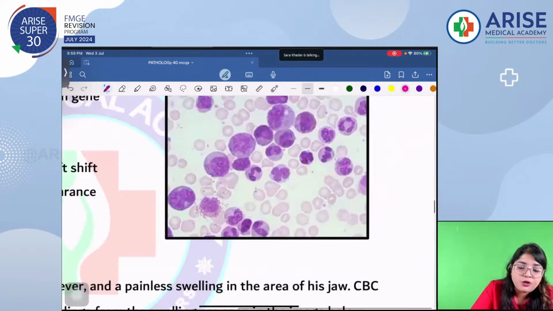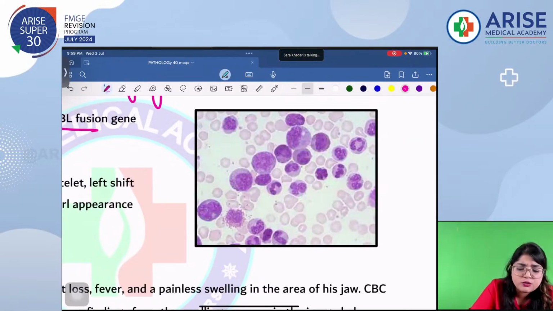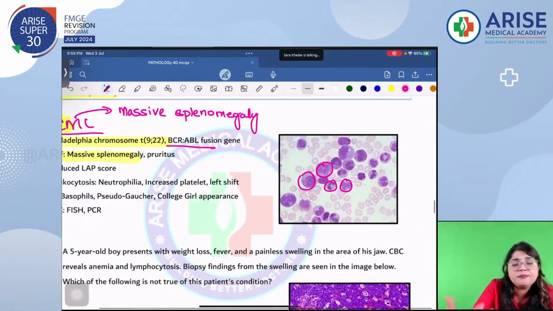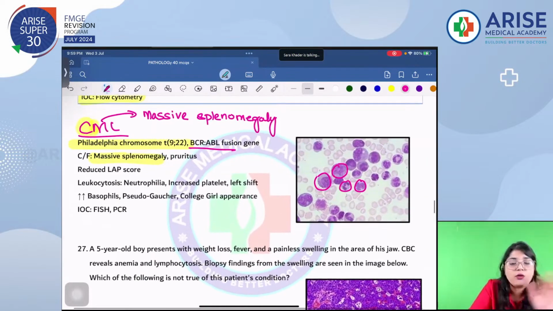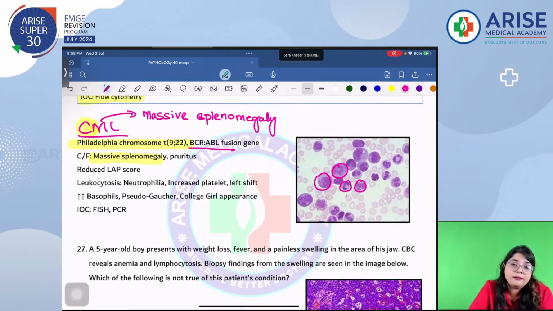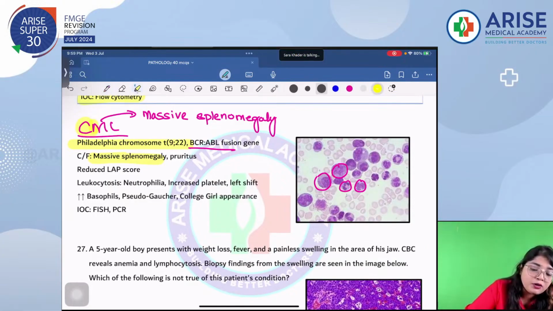Plus, what do you see? You see so many types of cells, right? Different cells, because there is a myeloid proliferation. All the cells that myeloid cells produce will proliferate. So you will have neutrophils, an increase in platelets, and an increase in basophils. Very, very important.